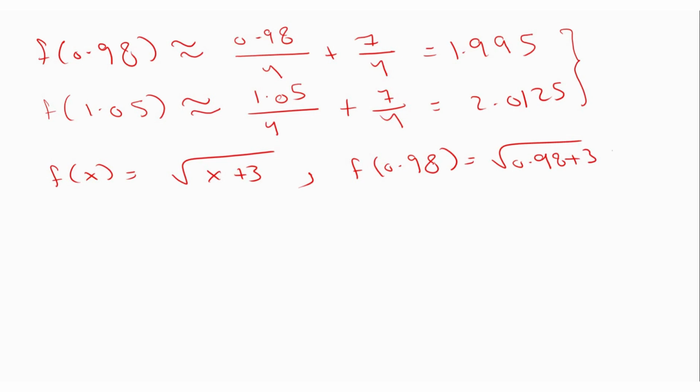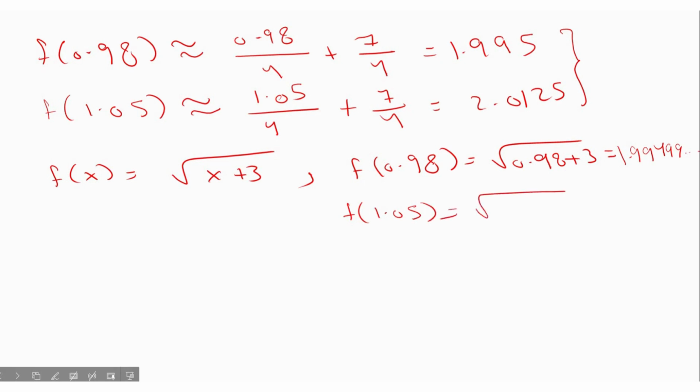Now the square root of 3.98, if we use the calculator, we will get 1.99499 and so on. If we try to find f at 1.05, then it's going to be the square root of 3 plus 1.05, which is 2.0124618.